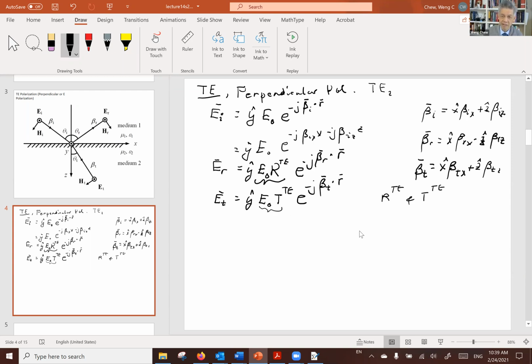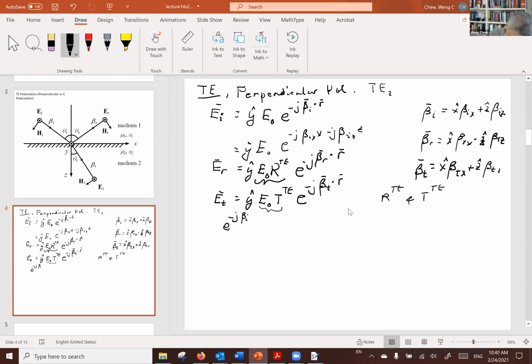Okay, and you can get that quite easily. You can put them down. You can make sure that this thing plus this thing, which is the total field in region 1, should be equal to that. Okay, so you can immediately see that the boundary condition should be 1 times this factor.